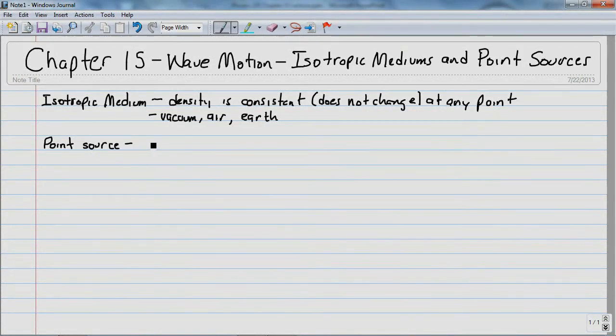And a point source is just a singularity from which waves propagate, or travel, I guess is a better word.